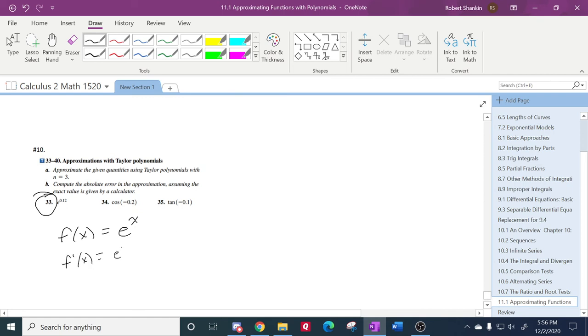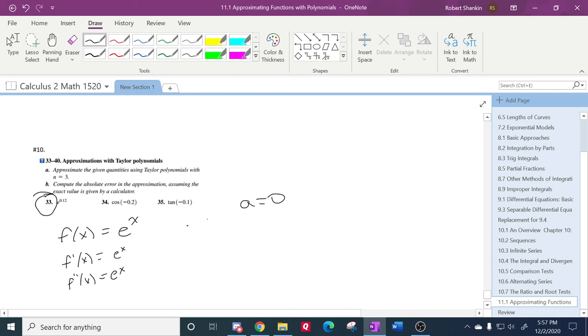Well, that's just e to the x again, and so on. F double prime. And then you would use a known value here, a equals 0. And then you know what e to the 0 is. And so you could do number 33 with that.